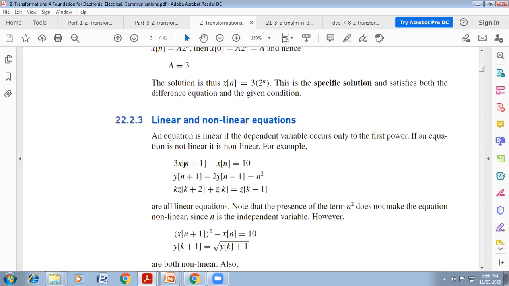Here the dependent variable is x, in this one it is y, and in this only z. And n and k are the independent variables.